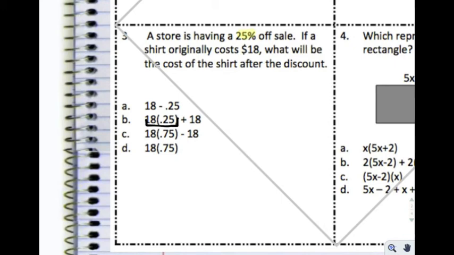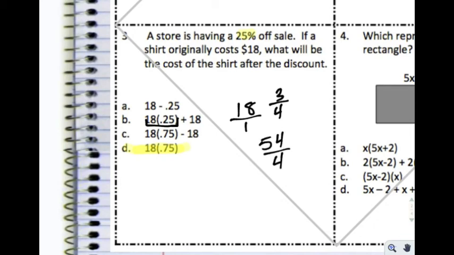And so letter D seems to be our only option where it thinks about what would be 75% of the cost of the shirt. If it was 25% off, what would it be remaining? And if you do this out and you think about, okay, well, what would be 75%? 75% would be the same as 3/4. So 18 times 3 would be 54/4.